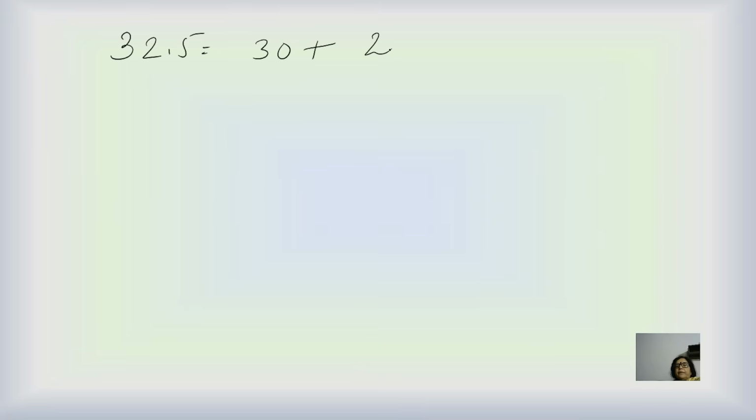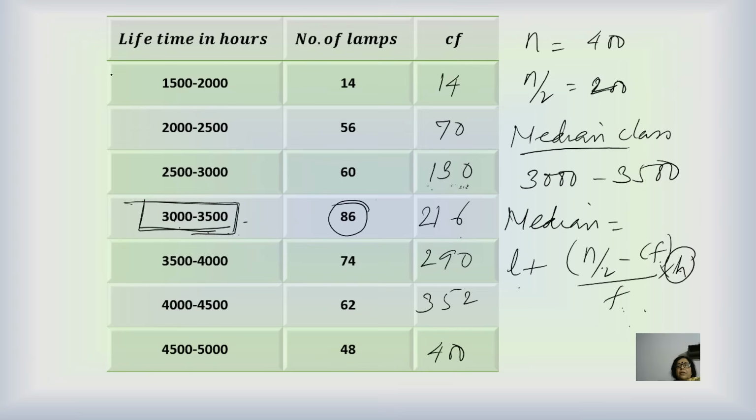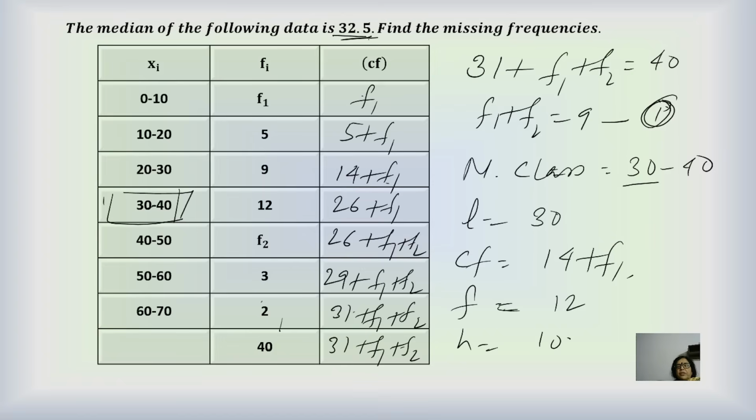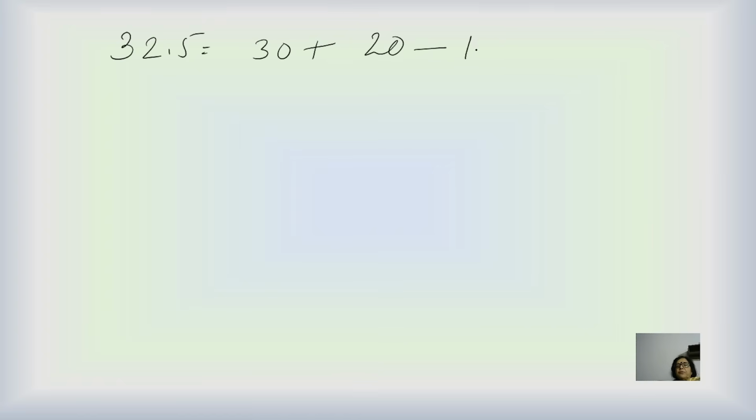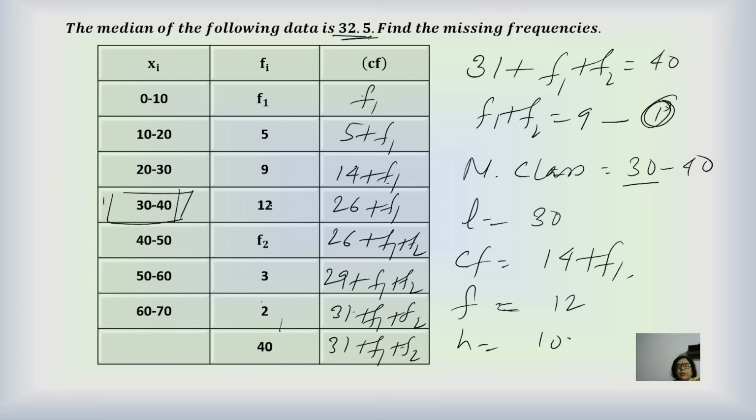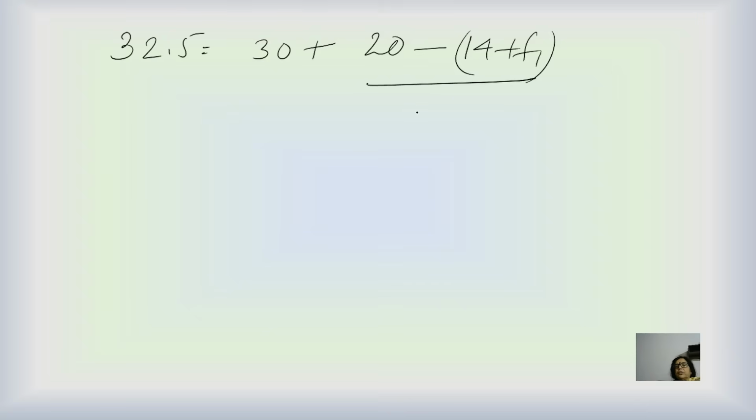This is 20 minus cumulative frequency of the preceding class, and the cumulative frequency of the preceding class is 14 plus F1. Now to avoid all mistakes, please put it in brackets. And then we have the frequency of the median class is 12 and the h value is 10.